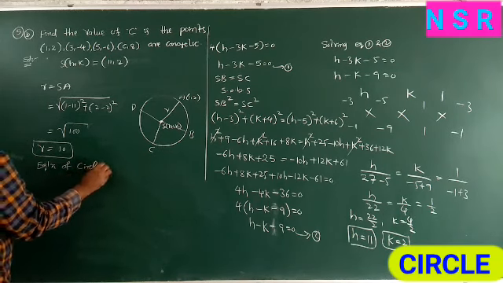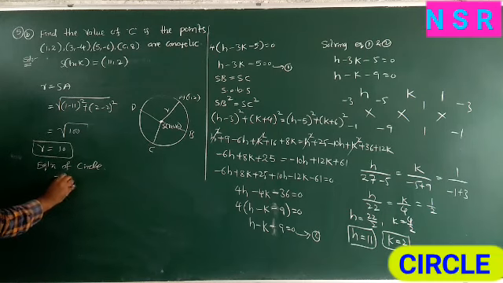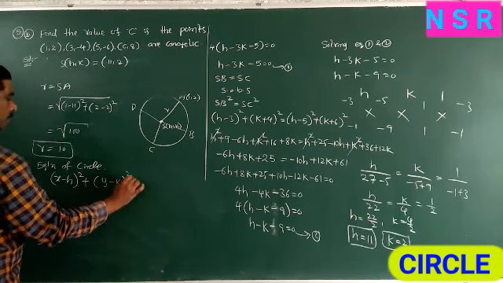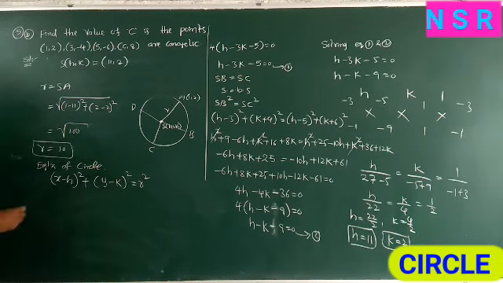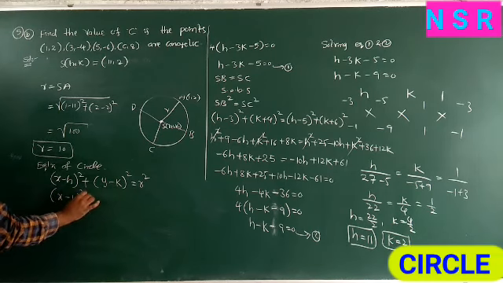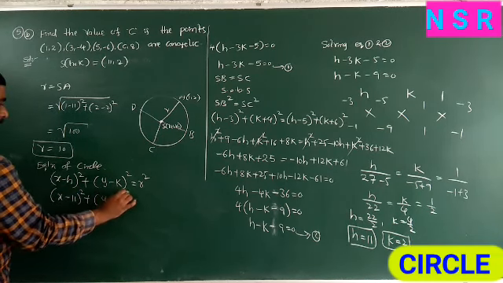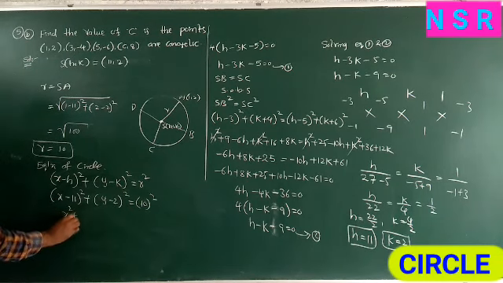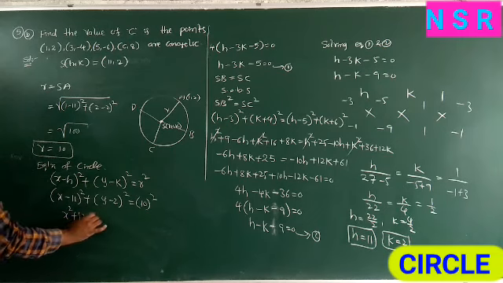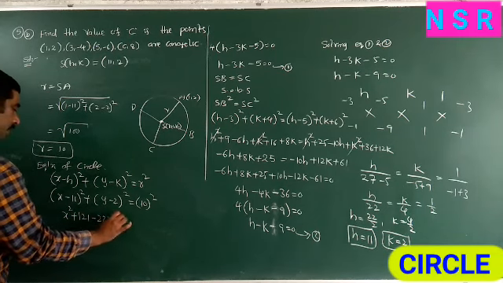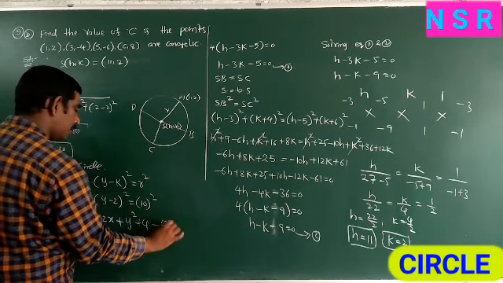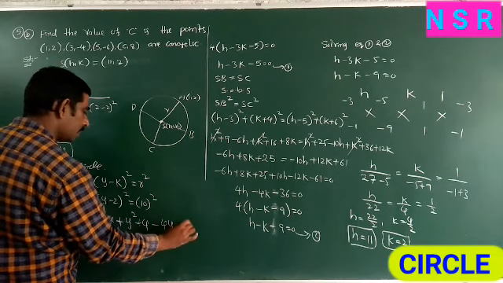Now write equation of circle. So we get center and radius. Now find equation of circle: x minus h whole square plus y minus k whole square equal to r square. x minus h, h value 11, and y minus k, k value 2, and r value 10 square. So x square plus 11 square 121, 11 2s are 22 into x, 22x, y square plus 2 square 4, 2 2s are 4 into y, 4y equal to 10 square 100.